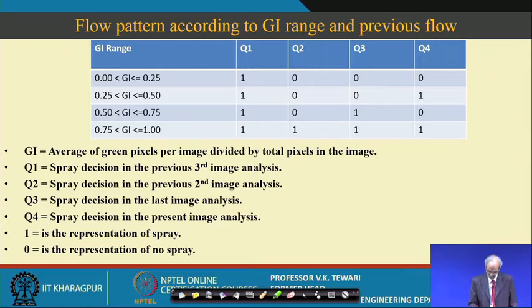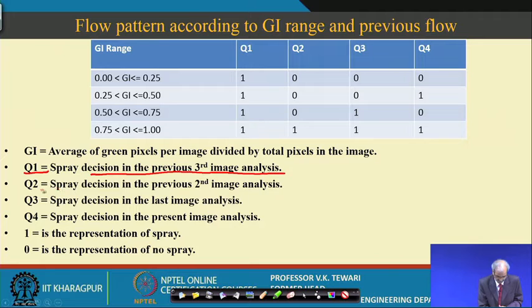You can see here that Q1 talks of the spray decision in the previous or the third image analysis, because images have been taken over several frames. We look at what image was there, and by the time it has moved, whether we have been in a position to identify that image and take the intensity or not, because ultimately on the basis of this we decide what amount of chemical has to be given.